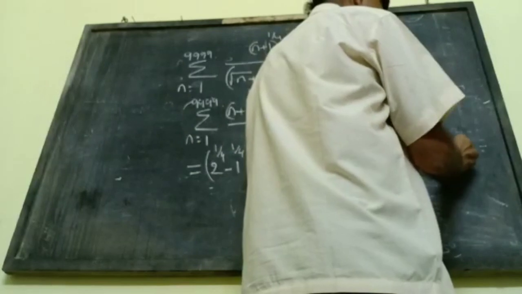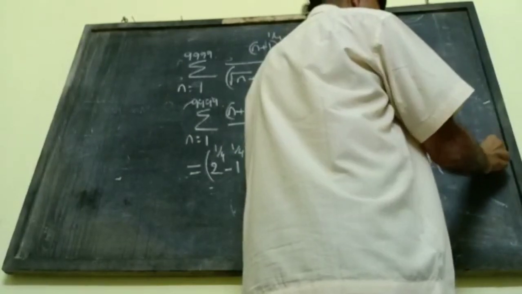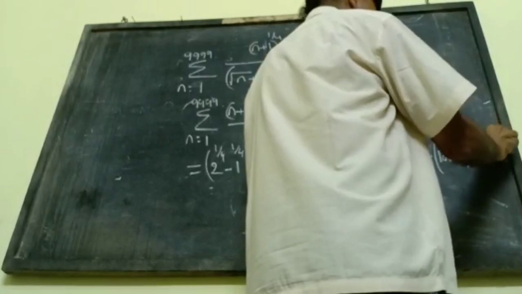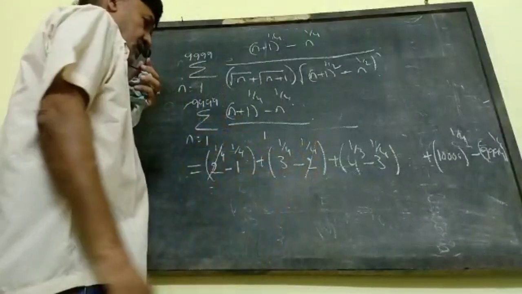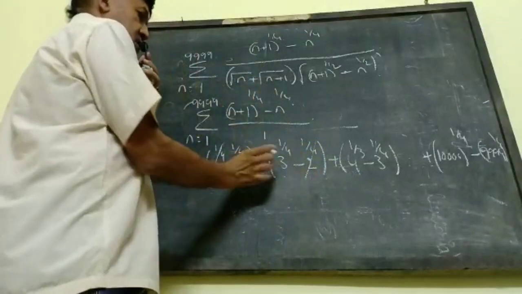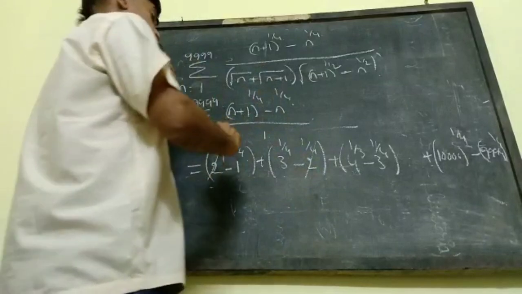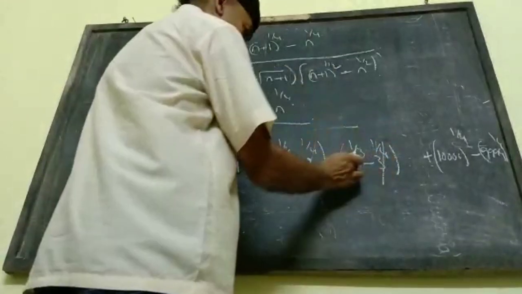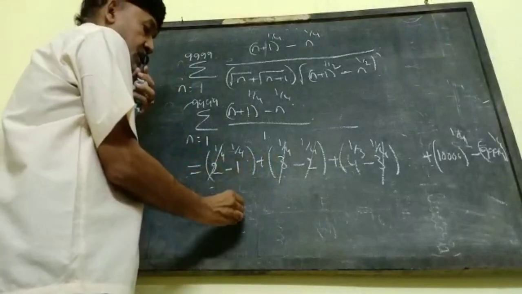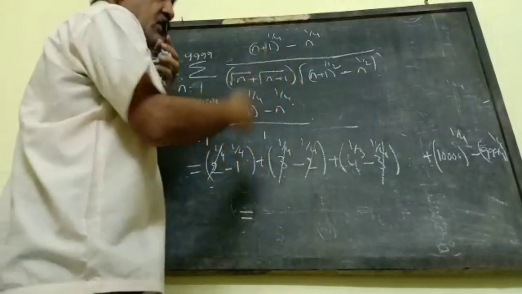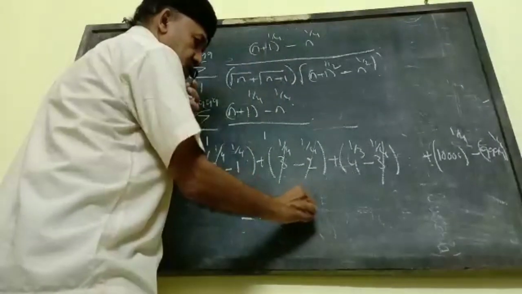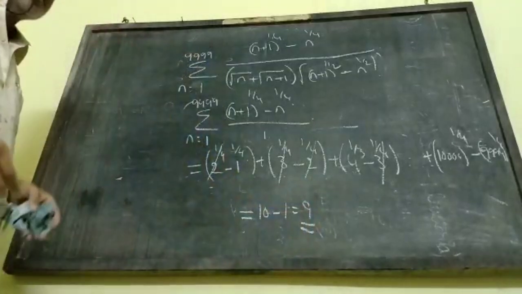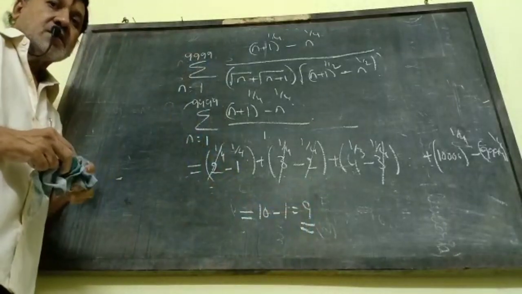Finally, etcetera, 10,000 whole power 1 by 4 minus 9,999 whole power 1 by 4. So when you take only two terms, only this minus this will be available. When you take three terms, this minus this will be available. So what is 10,000 whole power 1 by 4? 10, minus 1. So 9. You will get 9 like this. Okay, understood?